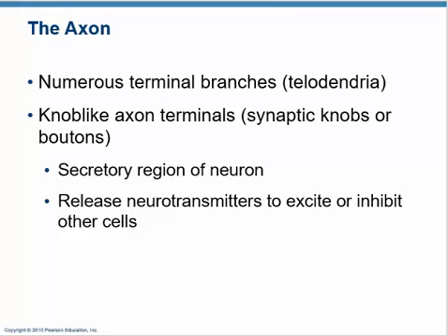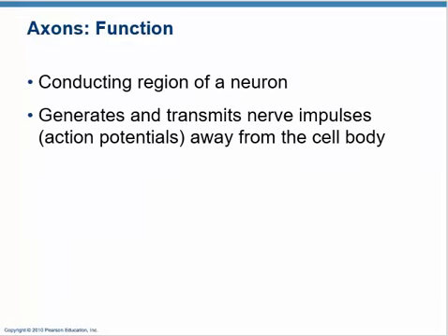And they can synapse with the dendrites of another neuron. And it's at the axon terminals where neurotransmitters are released. These are chemicals that cause a reaction on the receptors of the target cell, the postsynaptic cell. So the axons have action potentials. They're really conducting regions. They're the efferent part.